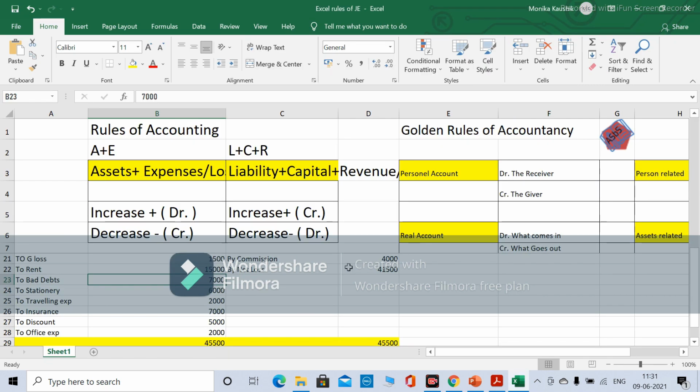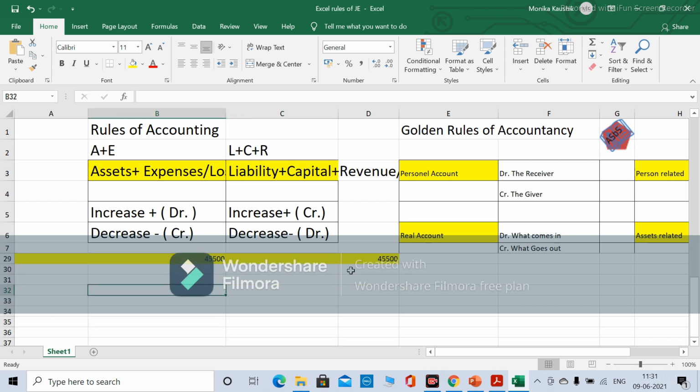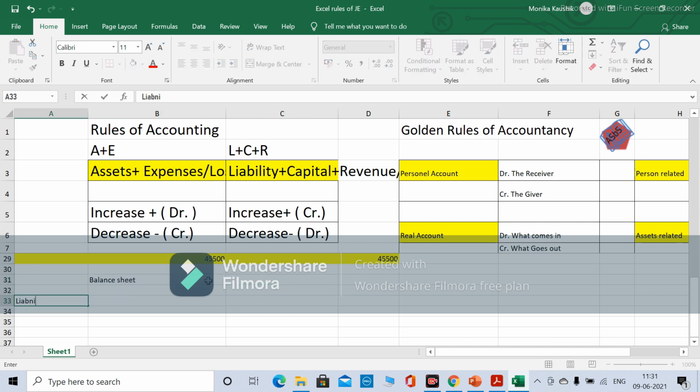all set. Now this is my net loss, and now we will start preparing the balance sheet. So in the balance sheet, we'll have to write down liabilities here, then amount, and then assets here on the debit side, and then amount.